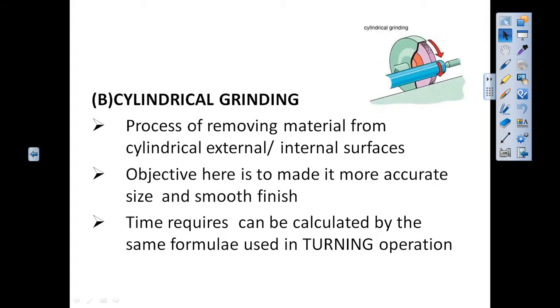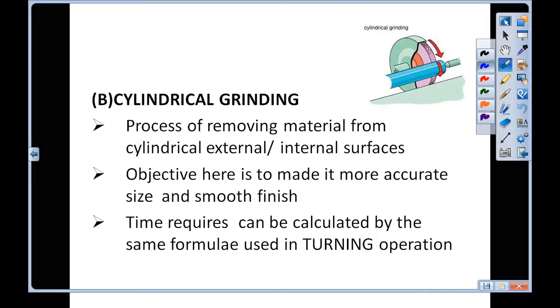The next slide is about cylindrical grinding. In cylindrical grinding, I've already said that this is somewhat similar to the turning operation. Here is the workpiece and this one is the grinding wheel.